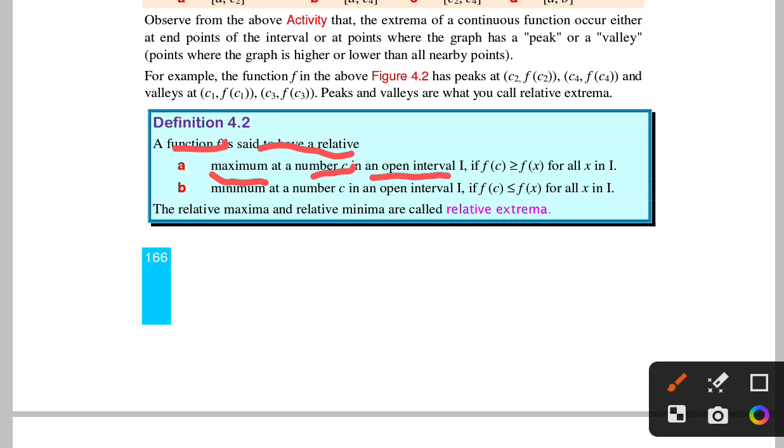Pay attention. Open interval, continuity, unbounded.